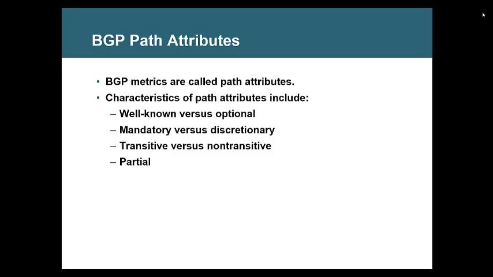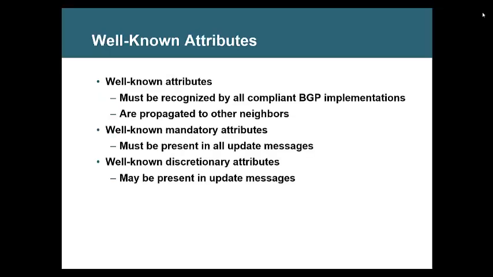The other meanings we all understand: what well-known means, what well-known discretionary means, what mandatory means. The attribute that must be there in every update is well-known mandatory. The attribute that is popular but need not be present in every update, it may be present, is well-known discretionary.